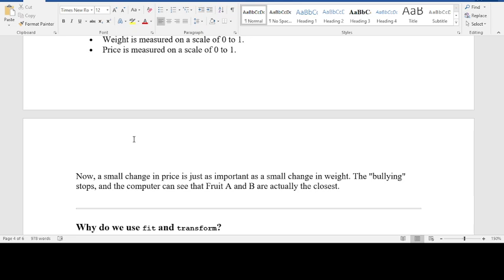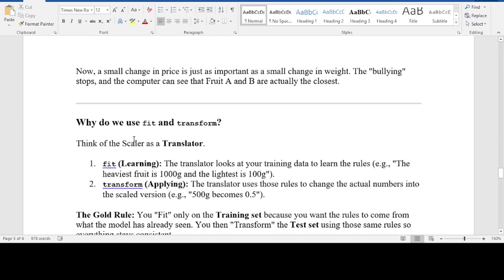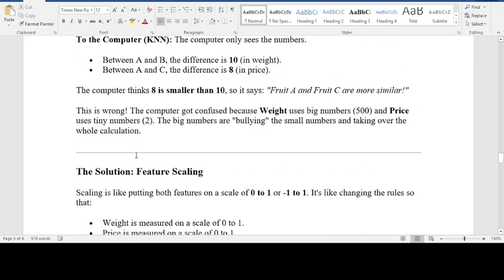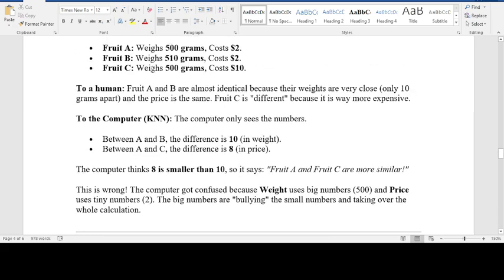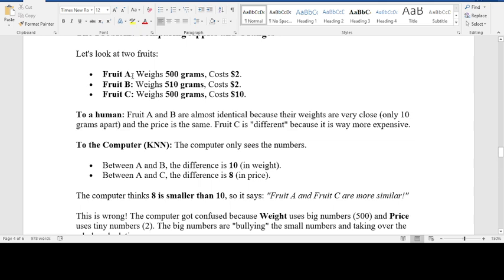How to implement it? You have to use the StandardScaler function. Then you can overcome this type of wrong classification. A and B are similar according to us, but the system thinks A and C are similar, which is wrong. So for that we have to apply feature scaling using the StandardScaler function.